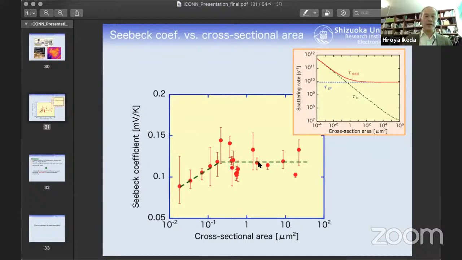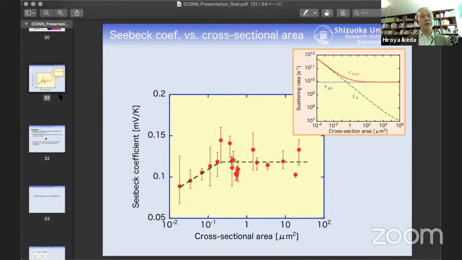So we can see a tendency of decreasing Seebeck coefficient below the cross-sectional area of about 0.2 square micrometer. This is in good agreement with the calculated expectation.